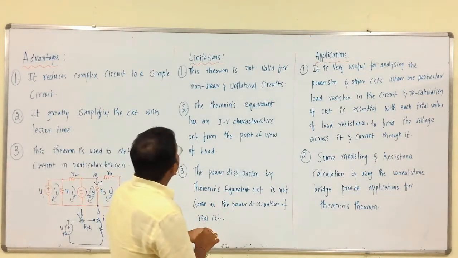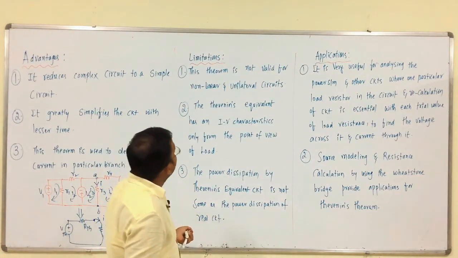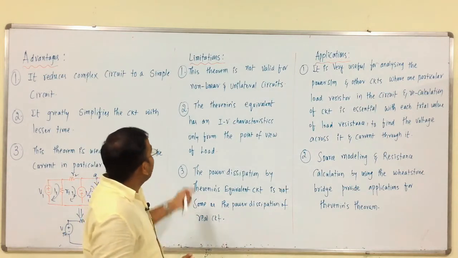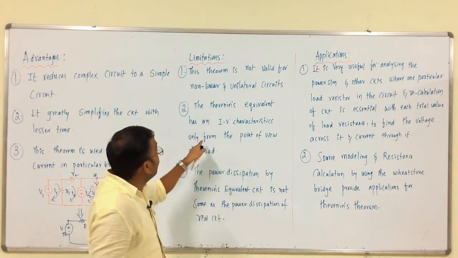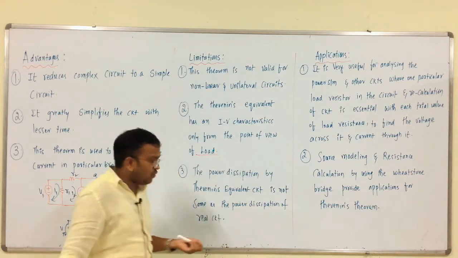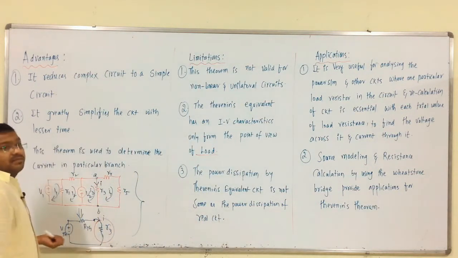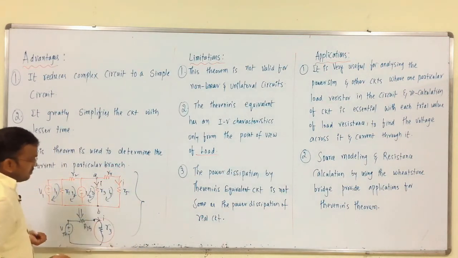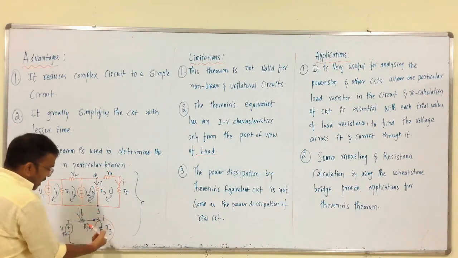Coming to limitations, this theorem is not valid for non-linear and unilateral circuits. Clear. The Thevenin's equivalent has an IV characteristics only from the load point of view. So, for us this is load, right. For example, if we calculate the current through this branch, then the load for us is the R5 branch.